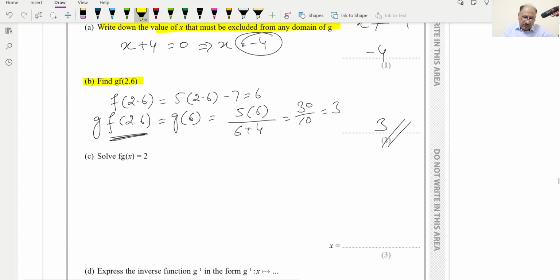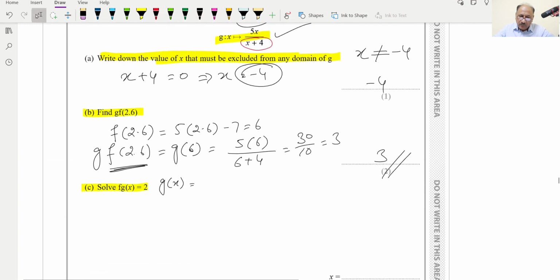Then they are saying solve f of g of x is equal to 2. So g of x is what? g of x is given, which is 5x over x plus 4. This is our g of x.